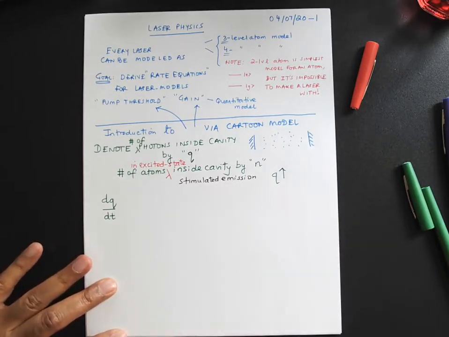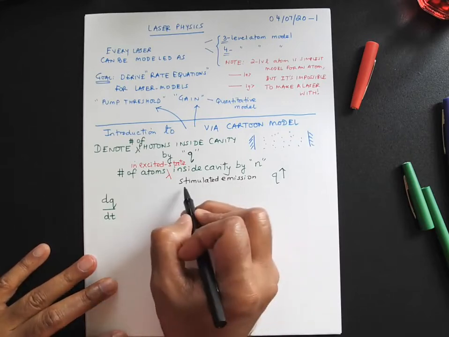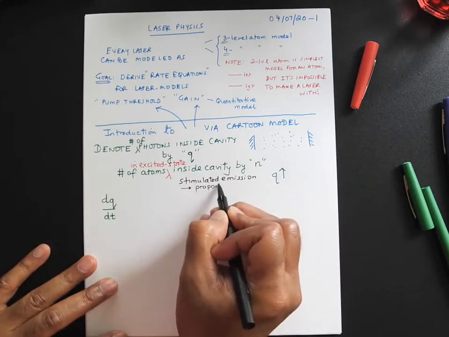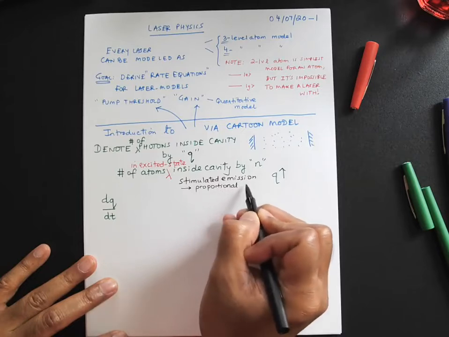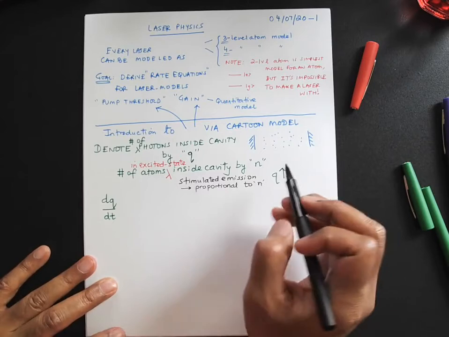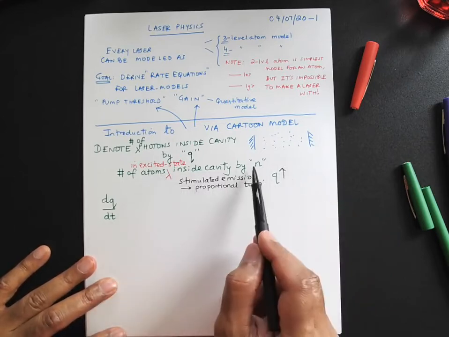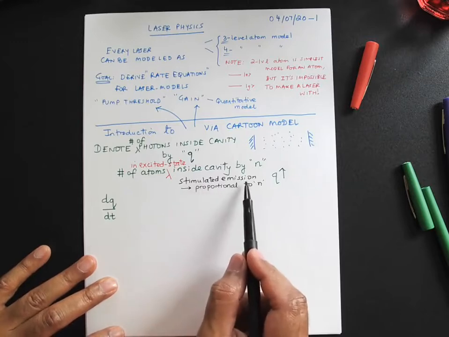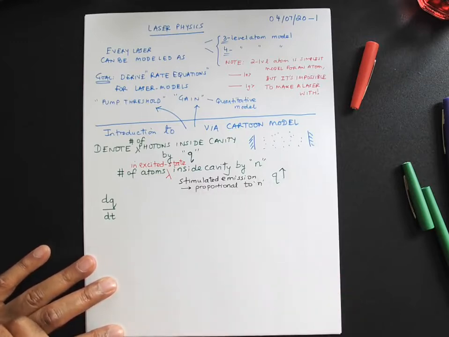Stimulated emission will make Q go up, and stimulated emission is proportional to little n, right? So if you want to increase the number of atoms in the excited state, which will make stimulated emission go up, which will then make Q go up.